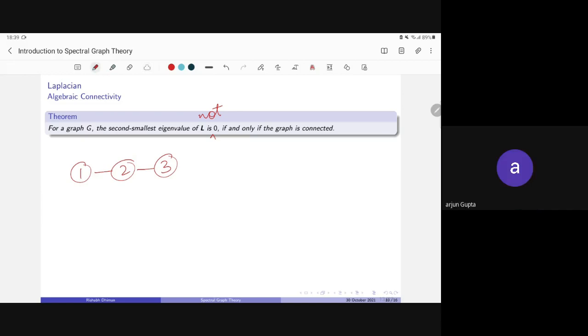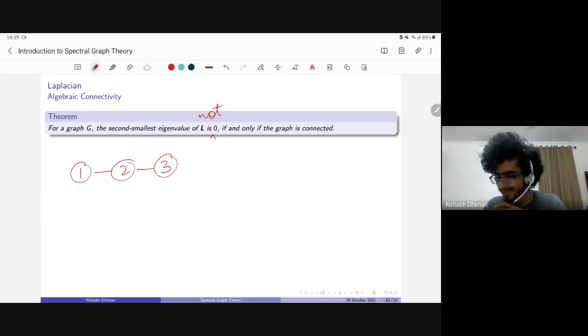I wrote that the eigenvalue is 0 if and only if all of those individual sums are 0, and you're almost completely there to the proof.